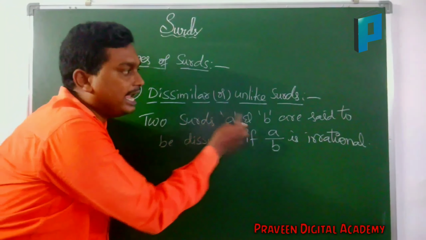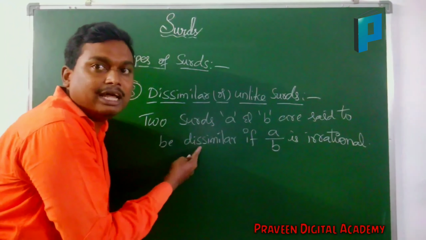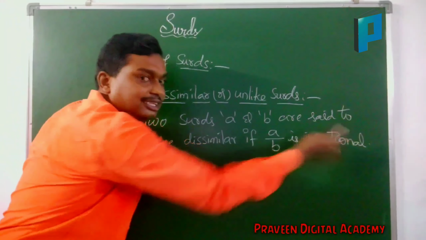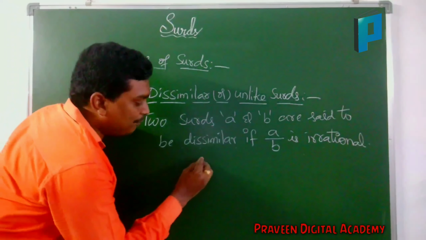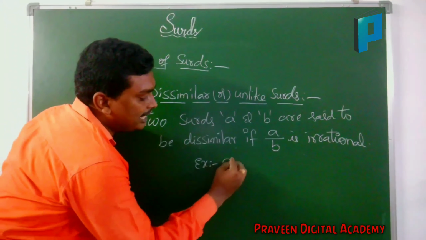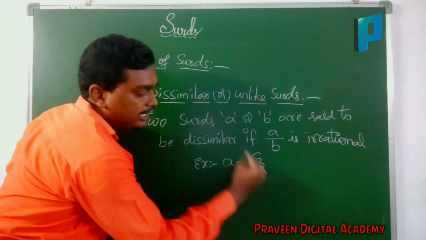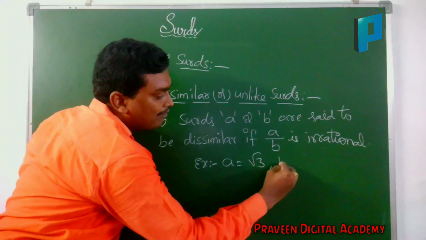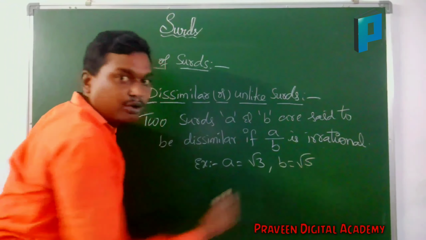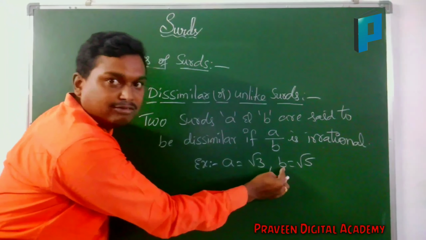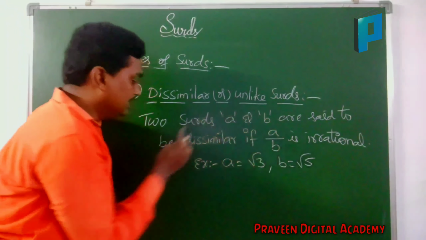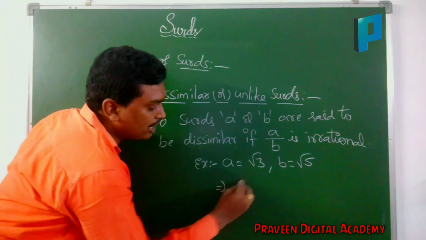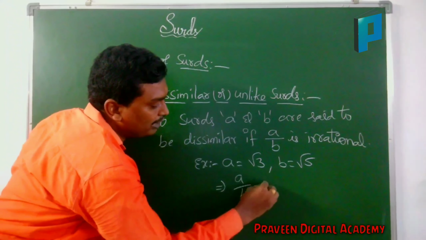Two surds A and B are said to be similar if A by B is rational, dissimilar when A by B is irrational. For example, if you are having A is equal to root 3, here root 3 is one of the surds, and B is equal to root 5, B is also one of the surds. A and B both are surds. Here, if you are dividing A by B, what will you get?